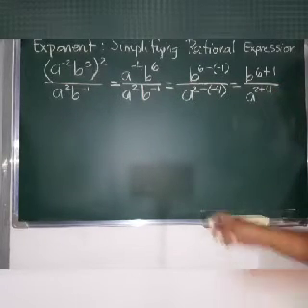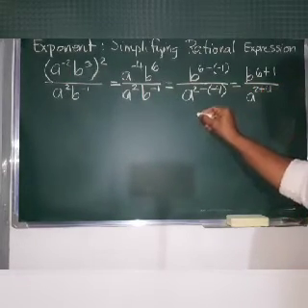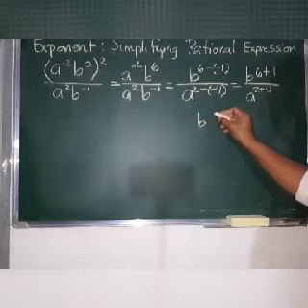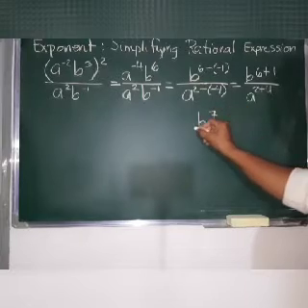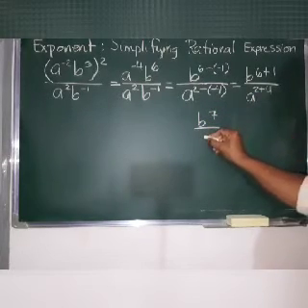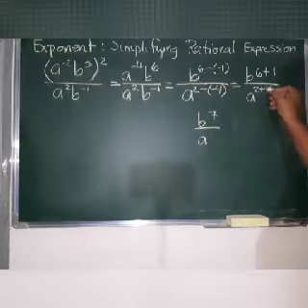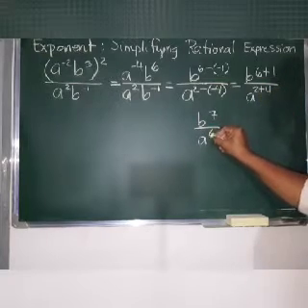And the lowest term, kunin na natin, copy ang base, which is b. 6 plus 1, we have 7, all over, copy the base a, and then 4 plus 2 is equal to 6.